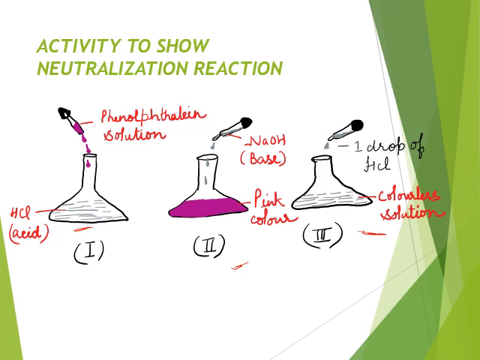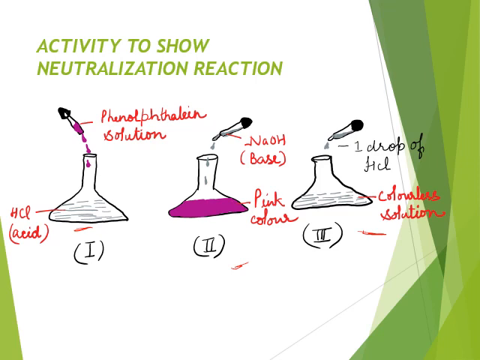So we can conclude from this activity that when an acidic solution is mixed with a basic solution, both of them neutralize each other's effect. And one more thing is proved here: when you touched the conical flask, you felt that it had become warm. As the conical flask has become warm, it shows that the neutralization reaction is accompanied by the evolution of heat.